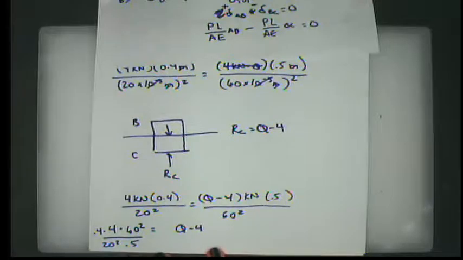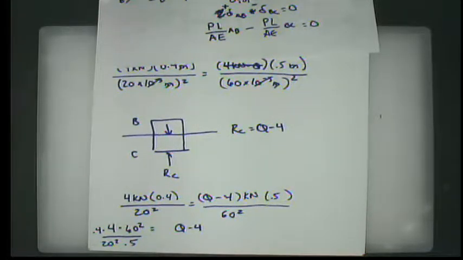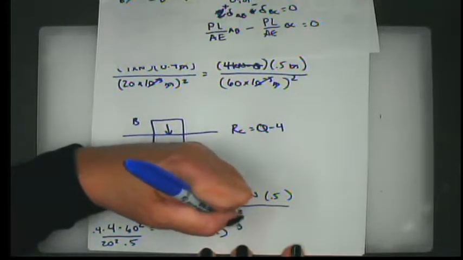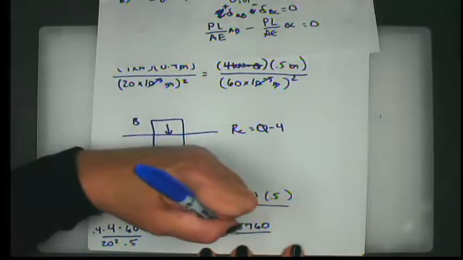So now we get to do a little bit of math, not too much. Let's find a calculator. So I have 0.4 times 4 times 60 squared. So my numerator is this.